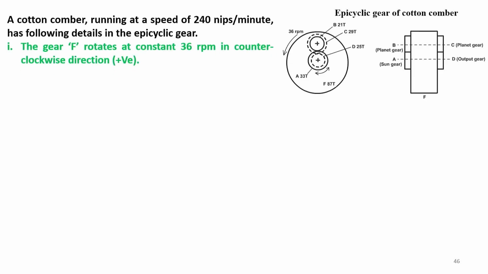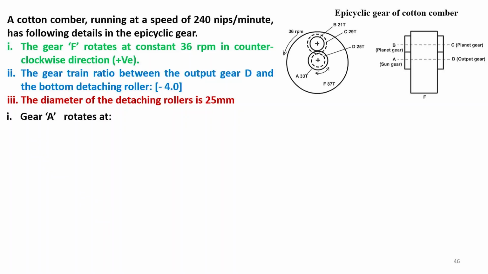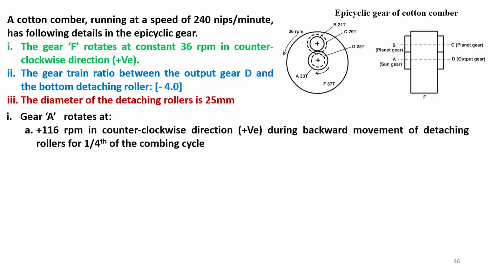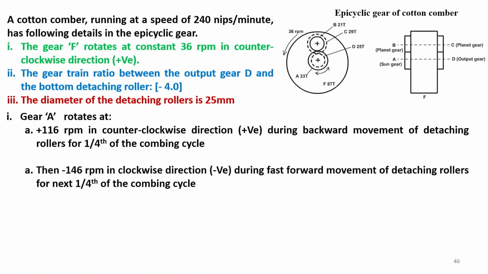So, forward movement 36 rpm, in counterclockwise direction, that is positive, and gear train ratio between the gear D and bottom detaching roller is -4, diameter of detaching roller is 25, as we have already assumed that gear A rotates at plus 116 rpm, in counterclockwise direction, that is 1/4 of the combing cycle, and then gear A rotates minus 146 rpm in clockwise direction, that is negative, during the fast forward motion for 1/4 of the cycle.